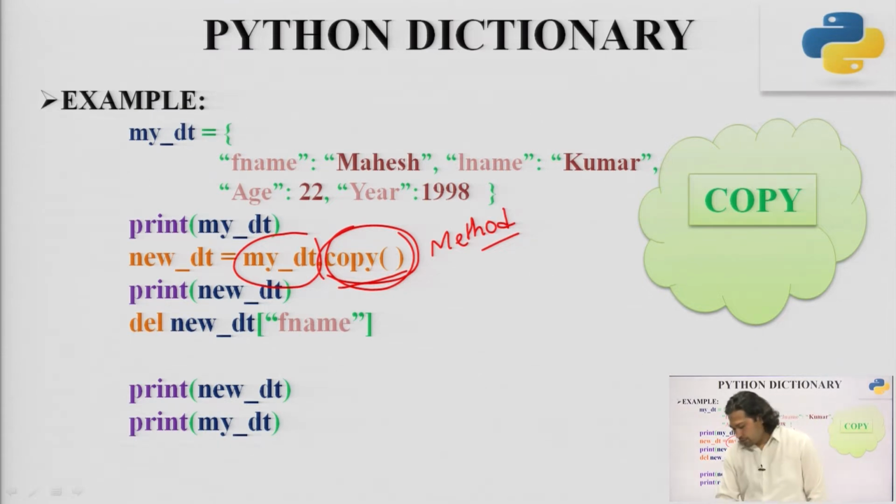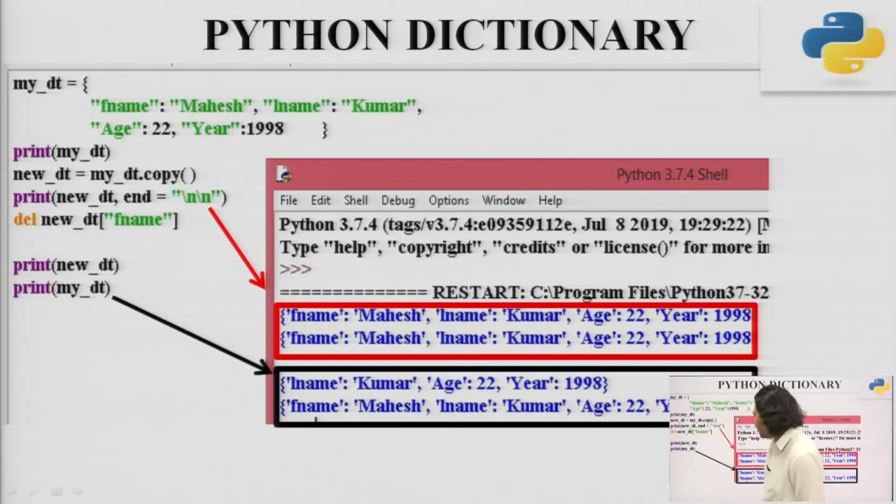In the output of this program, you can see that whatever operations you have performed in the new DT, the f name element is removed from the new DT, but it is not reflected in the original. This is the original.